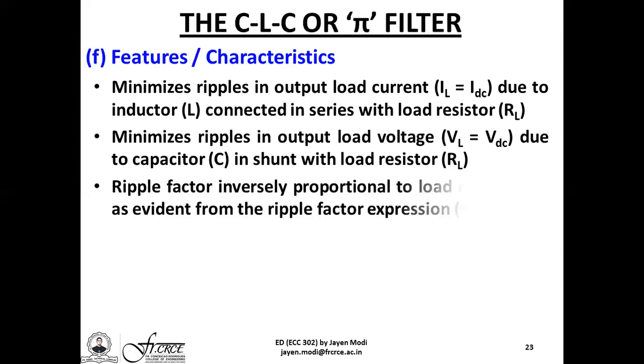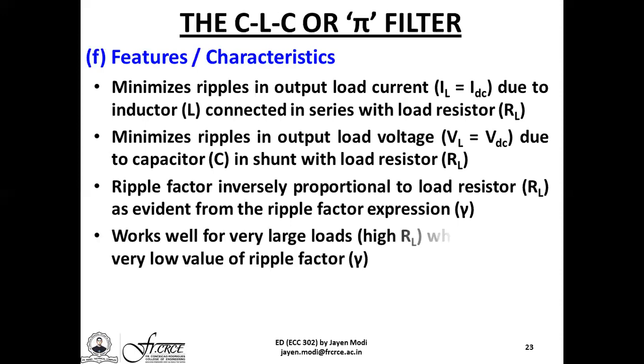The ripple factor is inversely proportional to the load RL as it is evident from the ripple factor expression. It works extremely well for very heavy or for very large loads with a high value for RL, which ultimately results in a very low ripple factor value gamma.